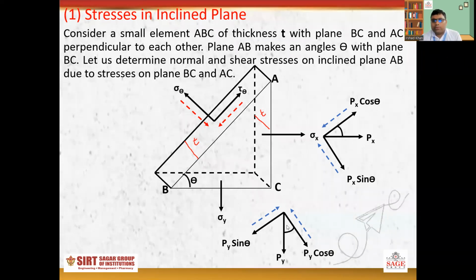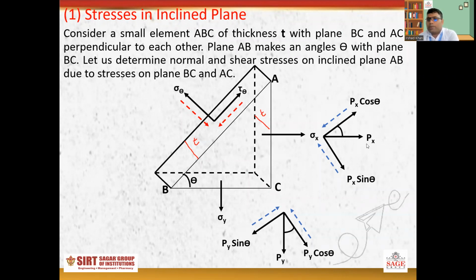So you can see this is a stress sigma x toward the x-axis and sigma y toward the y-axis, and it is produced due to the applied loads Px and Py.